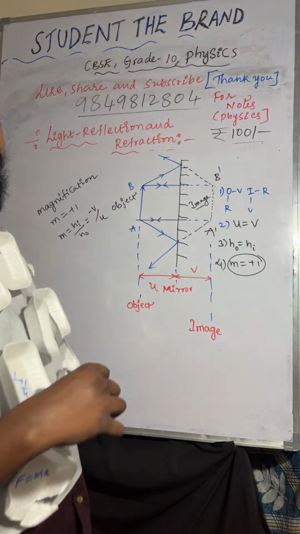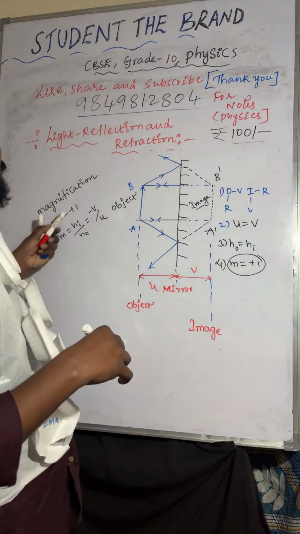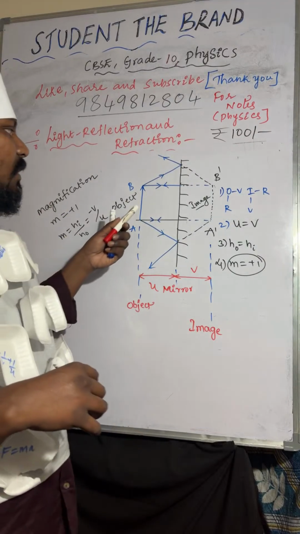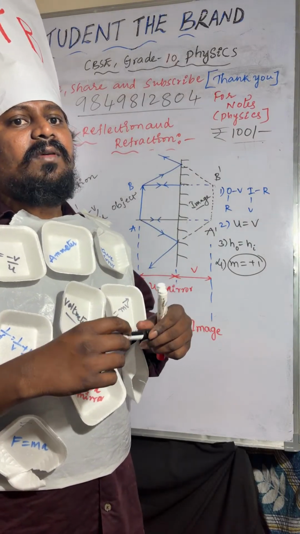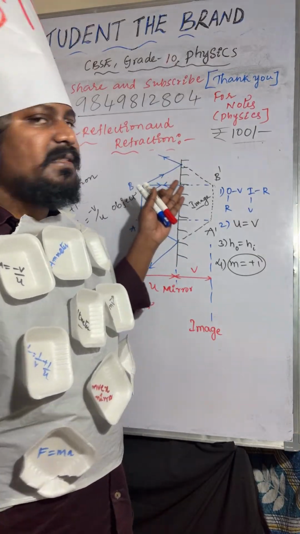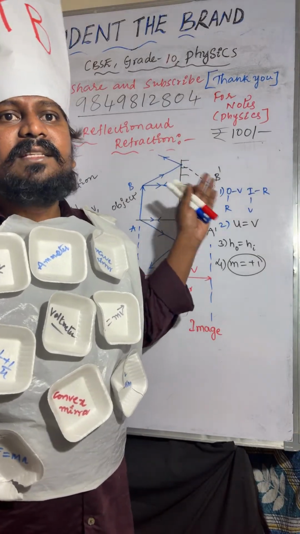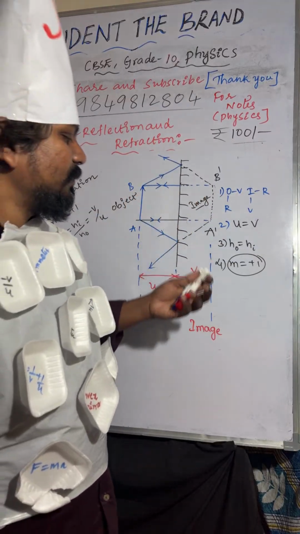Here you can observe magnification is plus 1. What type of image is forming in this mirror? Virtual, erect and same size. That's why magnification is plus 1.